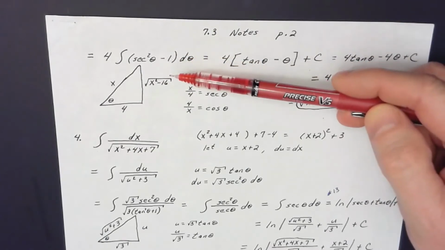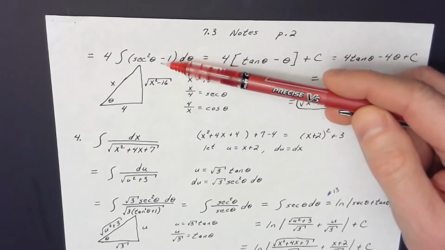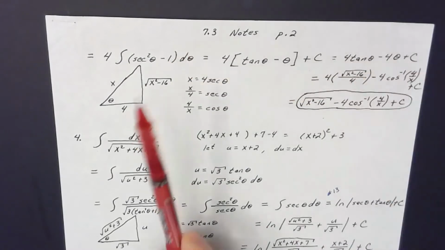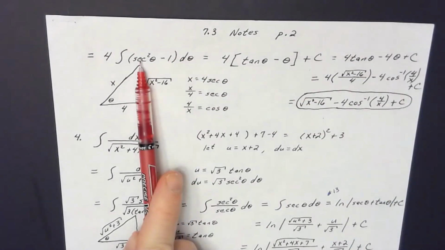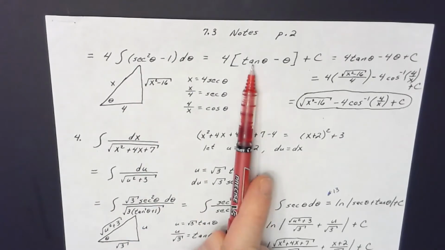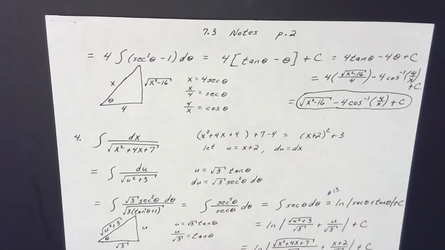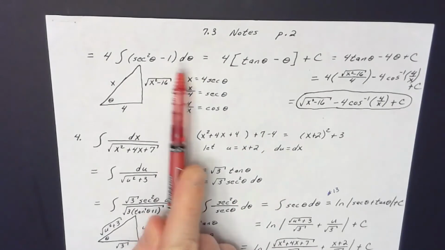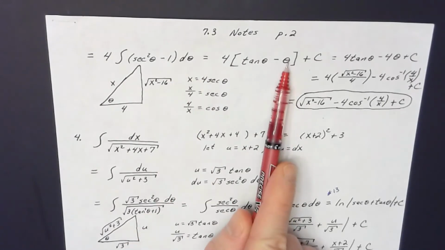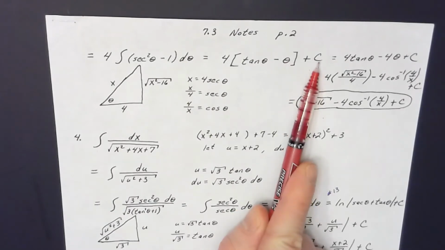So whenever I did this, I said, well, that makes it easy to integrate because I know that the integral of secant squared, since the derivative of tangent is secant squared, the integral of secant squared just gives me the tangent function. And then, of course, the integral of 1 with respect to theta is just theta. And we add our constant of integration.